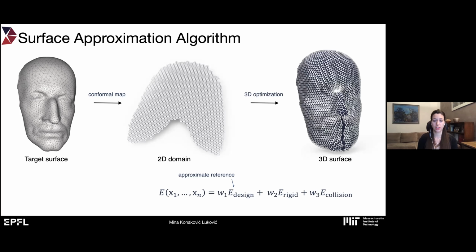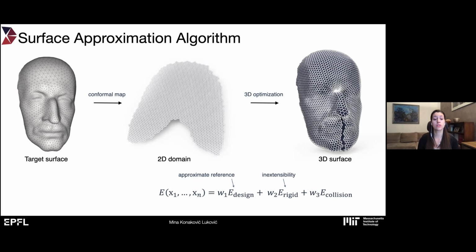This is especially important when you're doing conformal mapping in the discrete scenario, where you can accumulate a lot of errors. In the continuous domain, conformal mapping works almost perfectly, but in the discrete domain, if you have large triangles and you're computing a conformal map, there will be some error in the lengths and so on. So we want to make sure that our triangles fit the target surface nicely.